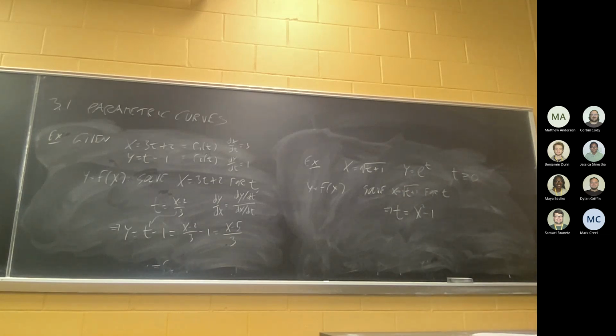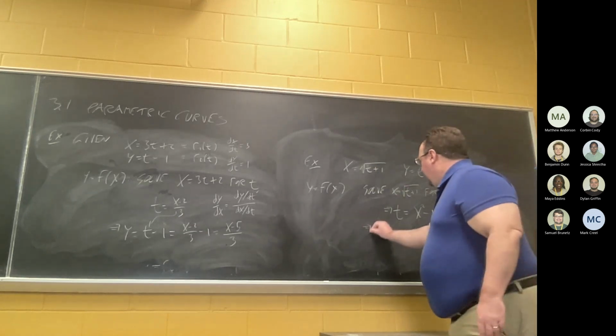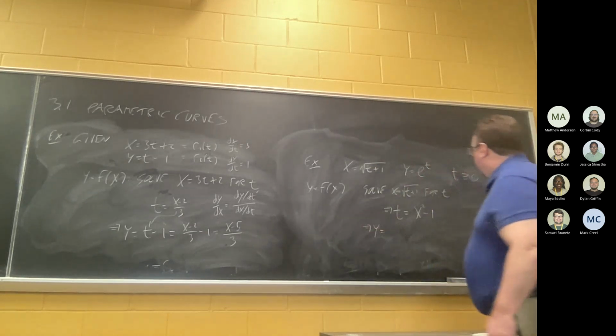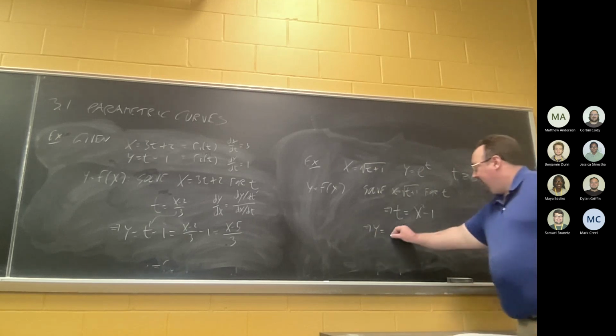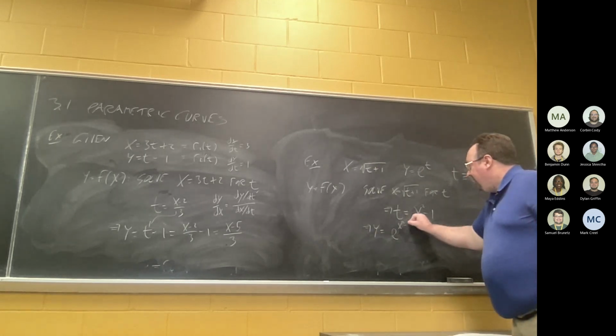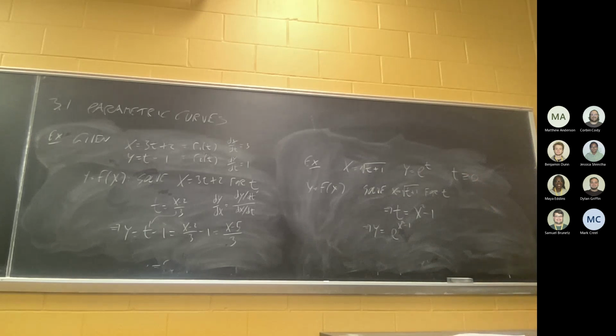Just rearrange and you get t. Okay. So what does y turn out to be as a function of x? Yeah, so e to the x squared minus 1. Okay.